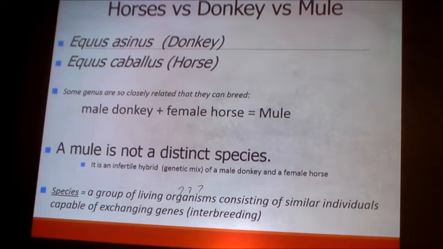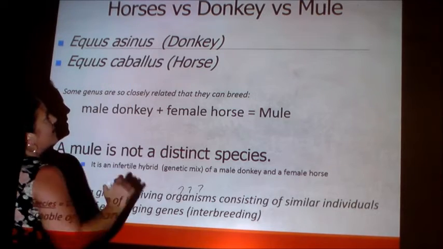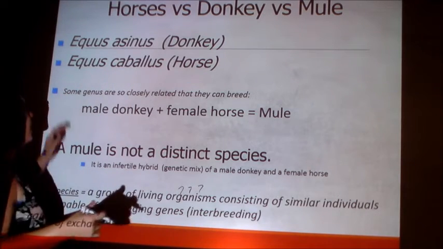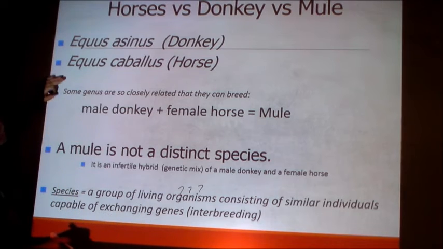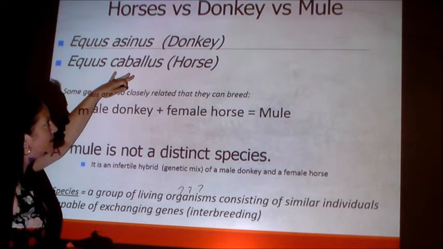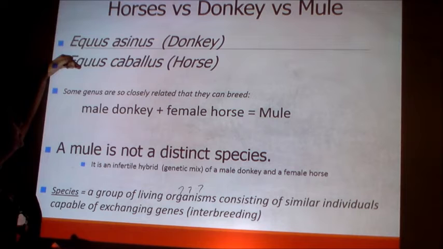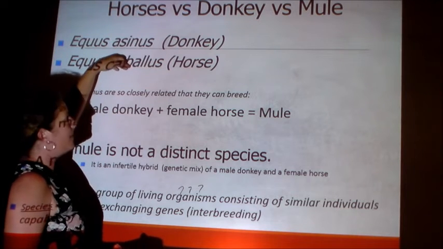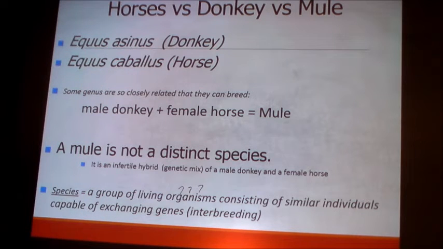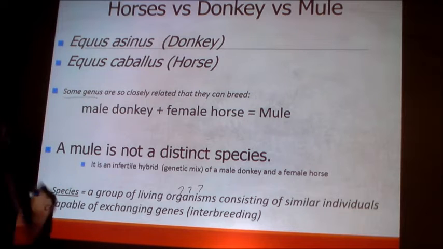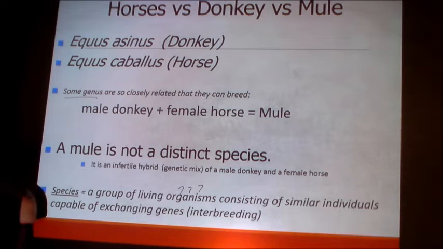So donkey is Equus asinus. That's why they call donkeys asses. Equus asinus. A horse is Equus caballus. So they're in the same genus, but they're a different species. Some genera are so closely related that they can breed.